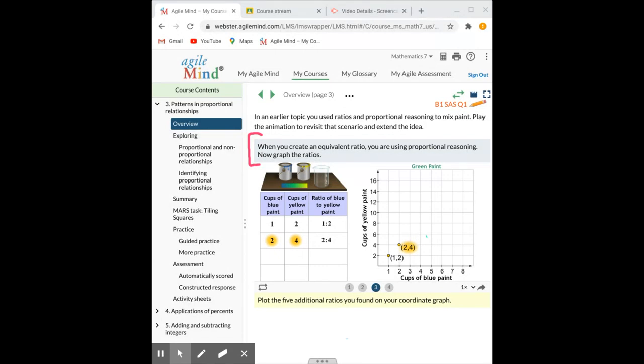Good. What's another one, Hagen? 7 to 14. Good. What's another one, Levi? 20 to 40. Good. What's another one, Natalia? 6 to 12. Good. Another one, Sophia? 4 to 8. Good.